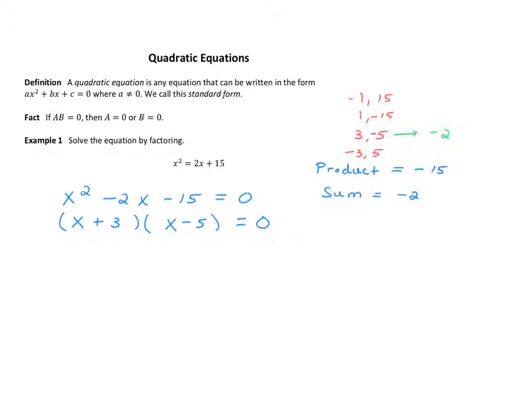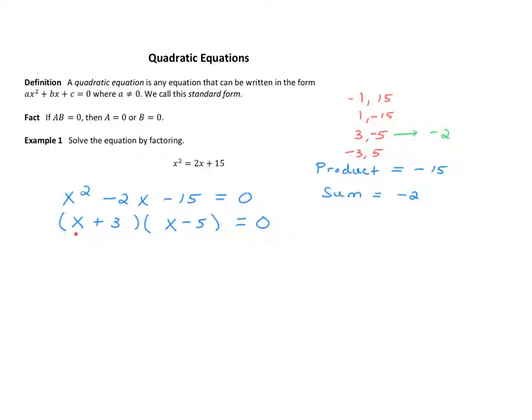Let's just check to see that this is true. x times x gives me x squared. This 3 times this negative 5 gives me the negative 15. And your two middle terms are going to be negative 5x and 3x, and that adds to a negative 2x. This is the factorization of this.